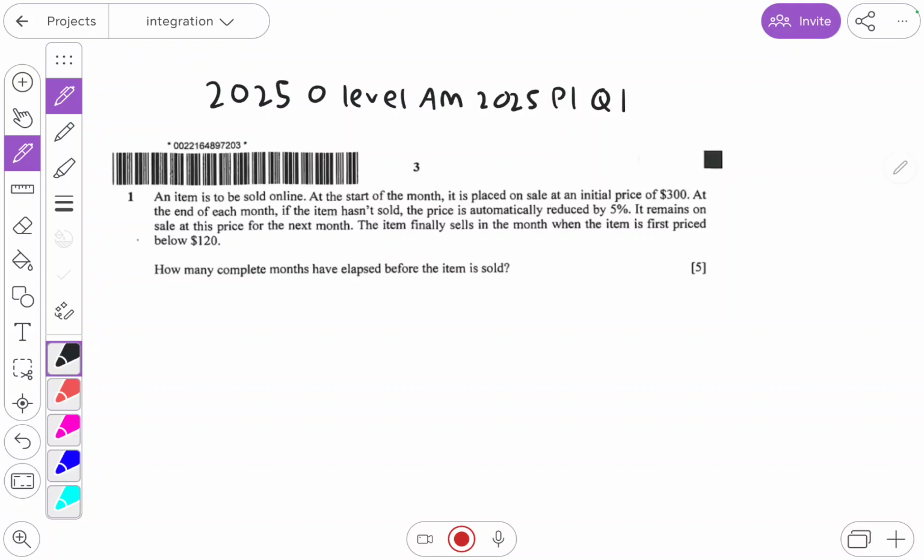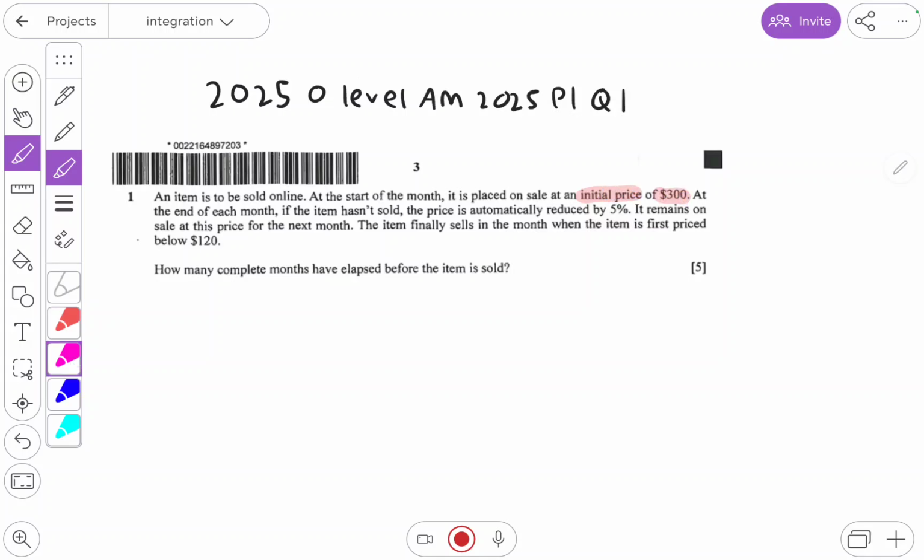But look at this. This is a real life example and they are asking you to find the number of months. Alright, so we're gonna start to solve this question. An item is to be sold online. At the start of the month, it is placed on sale at an initial price of $300.